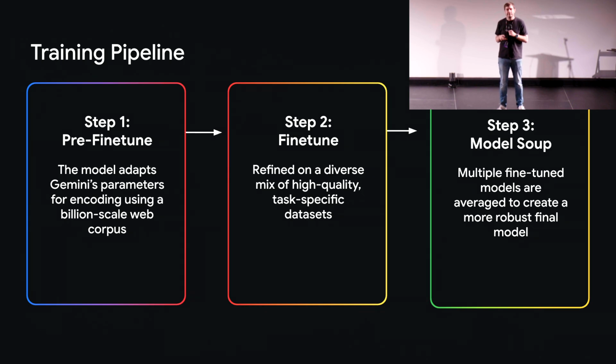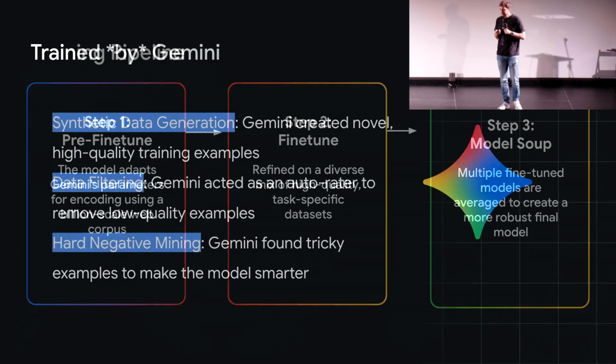Then step 2 is the fine-tuning step. So there we fine-tune this on a diverse mix of high-quality task-specific data sets. And then step 3 is what we call a model soup. So we take all these multiple fine-tuned models and then average them to create one final, more robust, more generalized model, which is the Gemini embedding model.